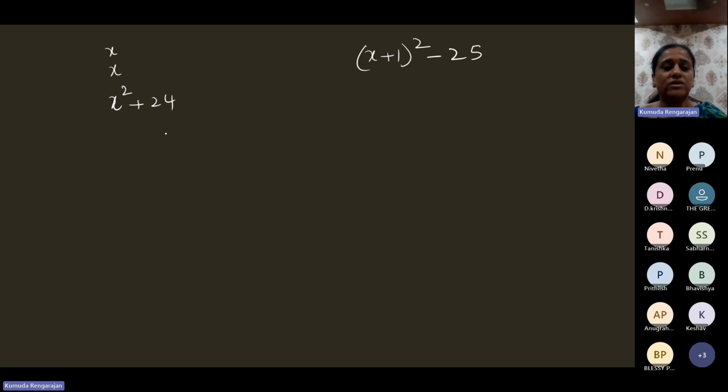So this is the actual number of students in case 2. So equate both. The total number of students is the same in both the cases. So x squared plus 24 is equal to x plus 1 the whole squared minus 25. On equating these two, you will be able to find the value of x.